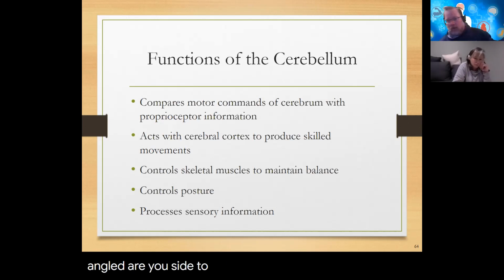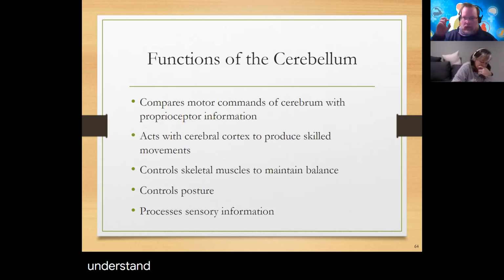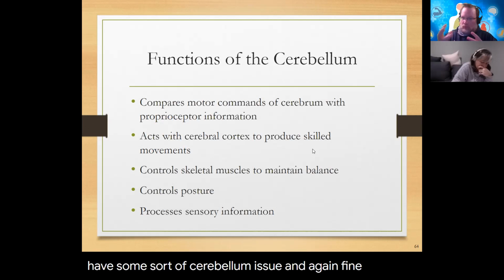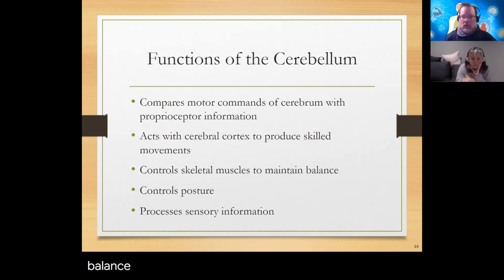Are you side to side? Are you looking left, looking right? That's proprioception. So when a patient has lost proprioception, or their ability to understand where they are in space, we could have some sort of cerebellum issue. And again, fine skilled motor movements are going to be cerebellum. Maintaining balance, your regular balance, maintaining posture.